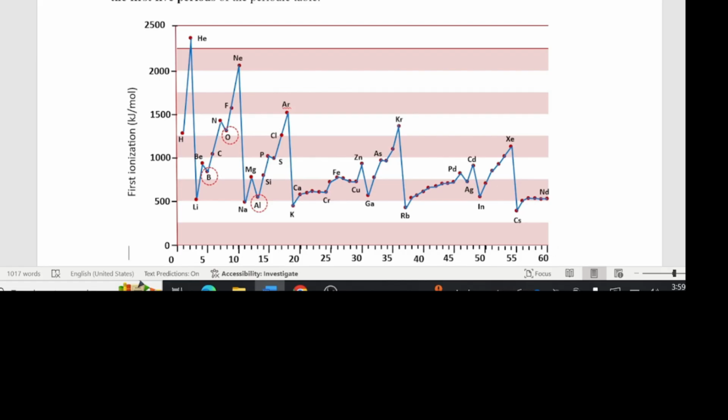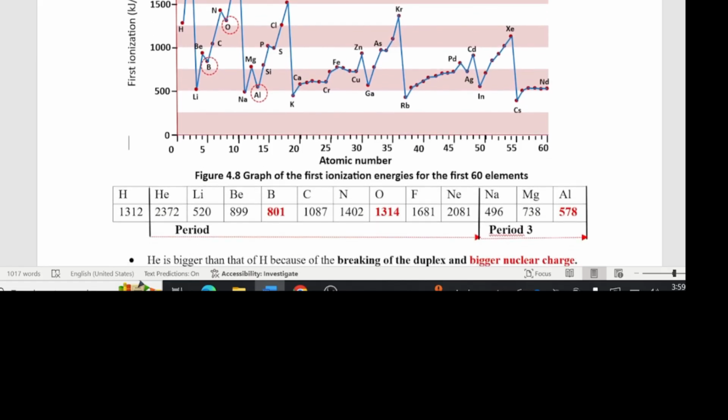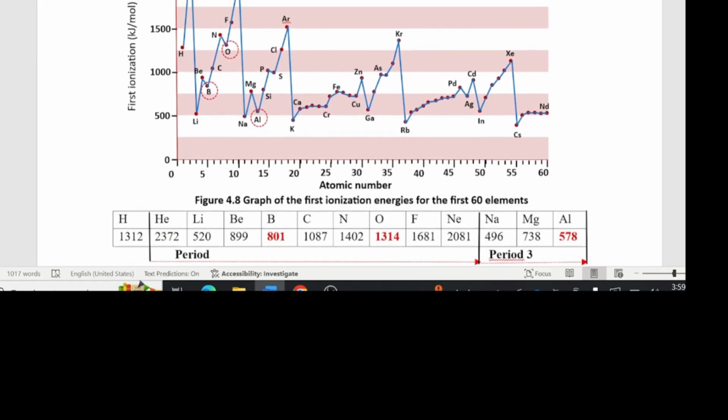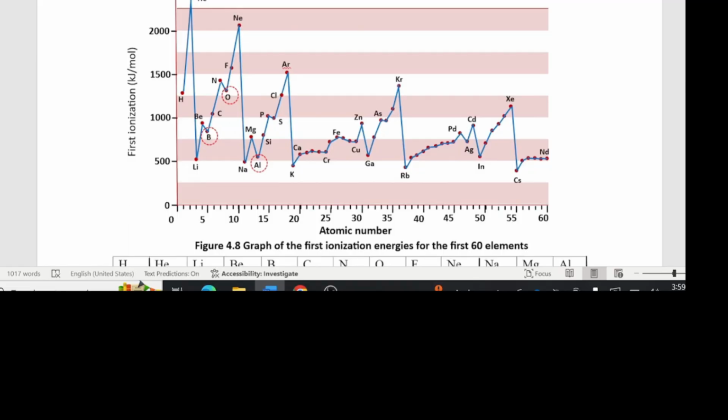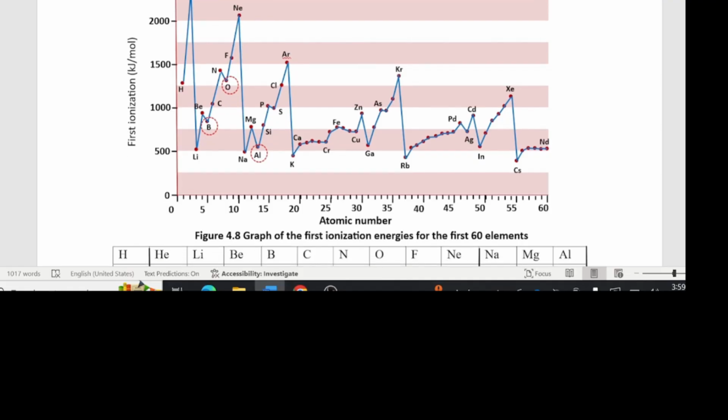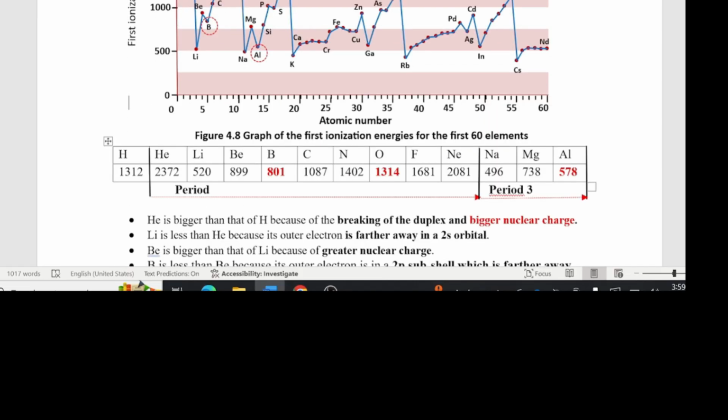So what we'll do here is look at the ionization energy and give an explanation as to why we have that value. We start with hydrogen here, and you can see that it has that value here in kilojoules per mole.